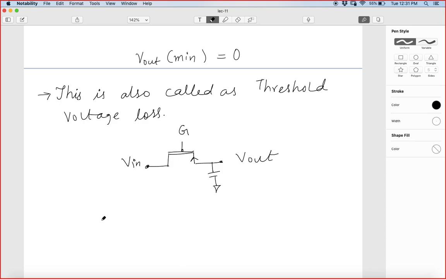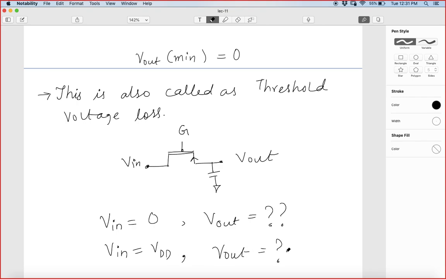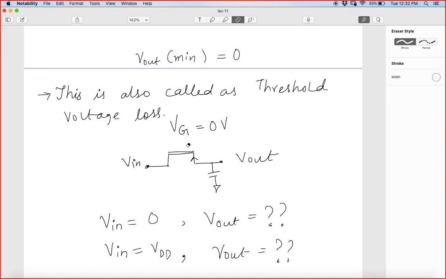What will be my V out if my V in is equal to 0 volt? And if my V in is equal to VDD, what will be my V out? I have assumed the gate voltage VG is given as 0 volt, because to turn on a PMOS device we require the gate voltage to be at 0 volt.